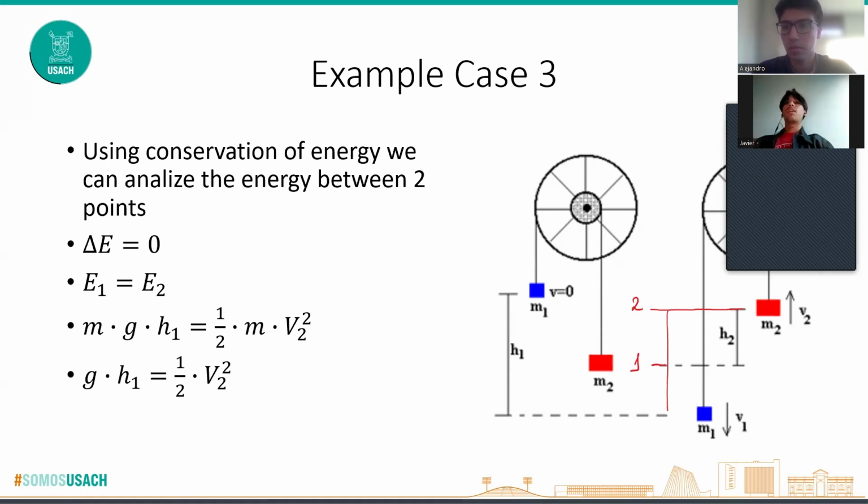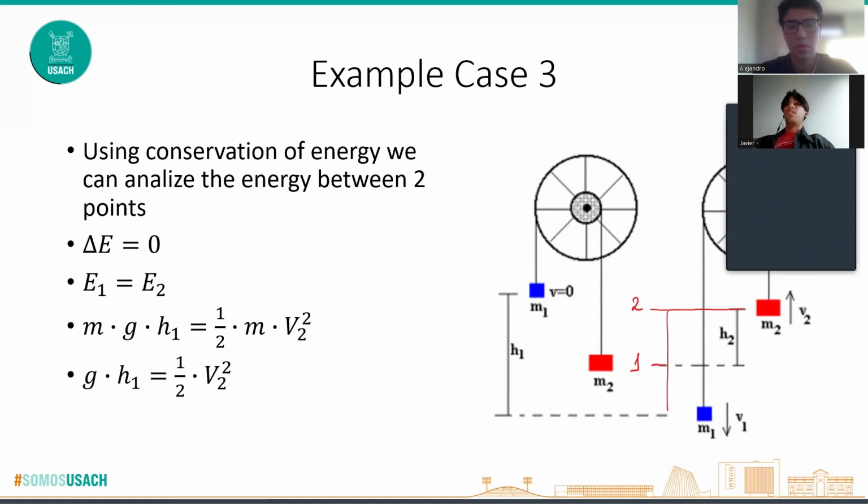So we have the delta of mechanical energy will be equal to 0. Then E subscript 1 will be equal to E subscript 2. In this case, if we have the system in 2, we are only going to have in 1 the gravitational energy. So mass times gravity times height 1, which is m times g times h1, will be equal to 1 divided by 2 times mass times velocity of 2 squared, which is m times v subscript 2 squared.